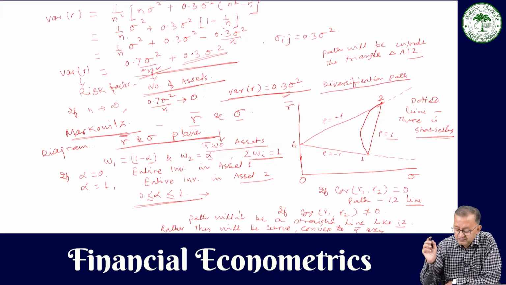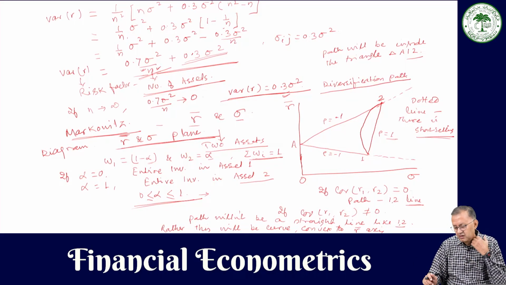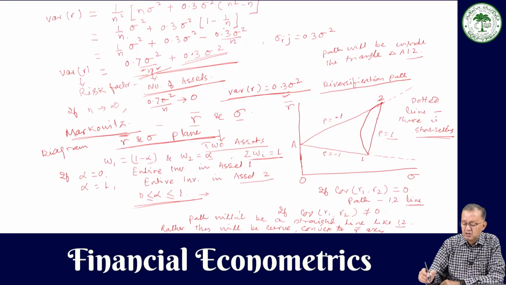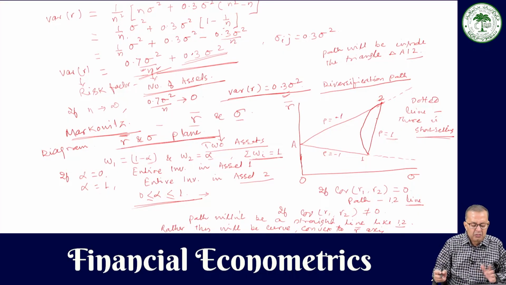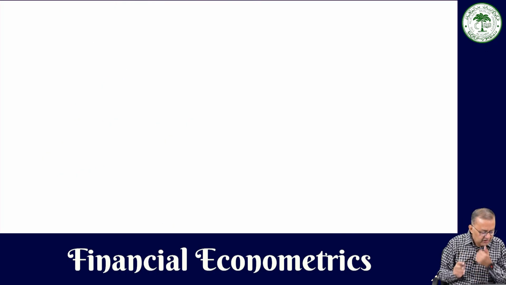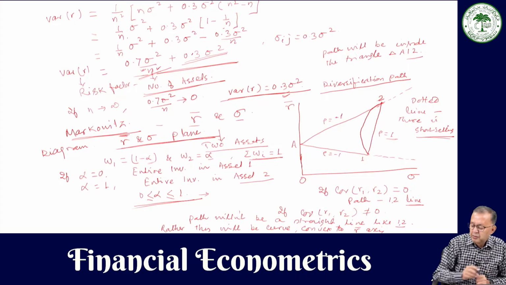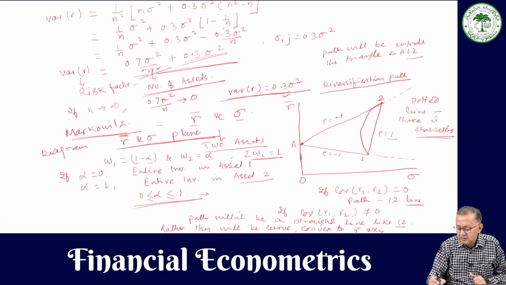Now why this path will be 1 2, this can be understood with the help of a simple mathematical derivation, in which we'll be proving the point of this intersection on the vertical axis, how this height is being determined, what will be the value of this height. Clear?